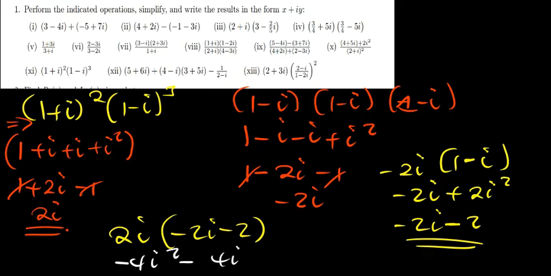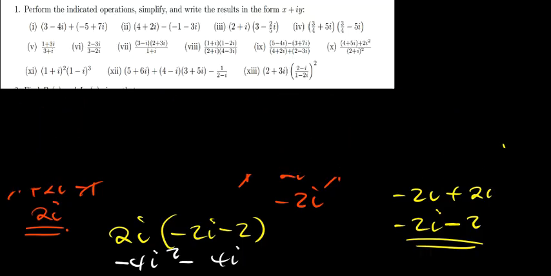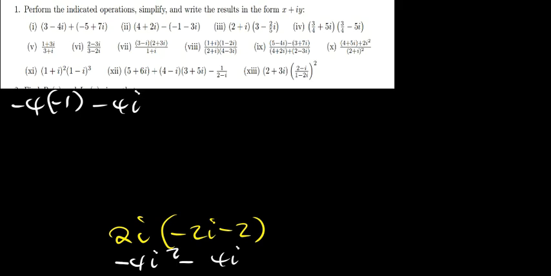I can now get rid of this part here. So I'll have negative 4, where there's i squared we put negative 1, minus 4i. So I can clearly see that my answer will be 4 minus 4i. As simple as that. I'm done with that part.